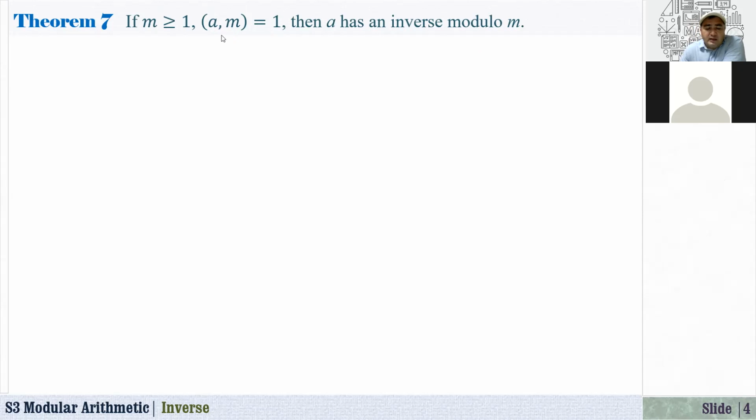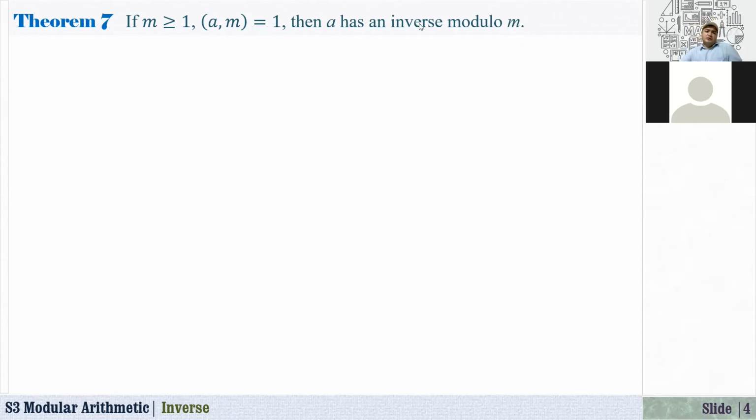We define it as the greatest common divisor or the highest common factor. So here we have two conditions. M must be a positive integer, and the greatest common divisor of A and M must be 1. If these two conditions are satisfied, then A has an inverse modulo M.